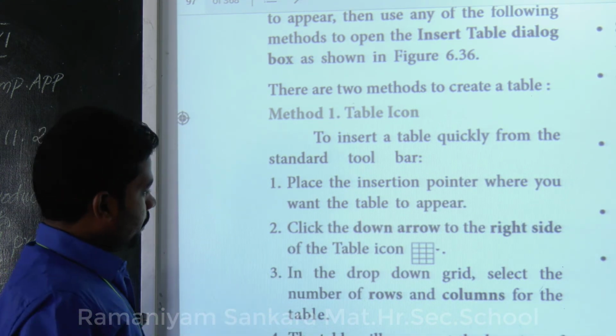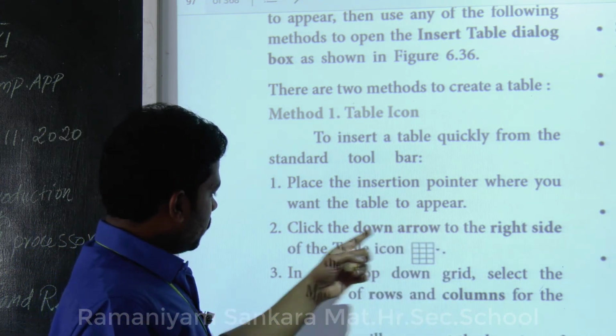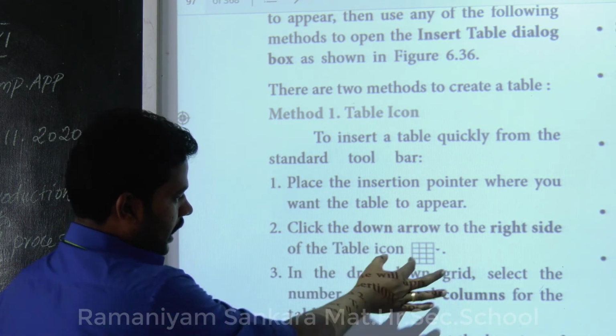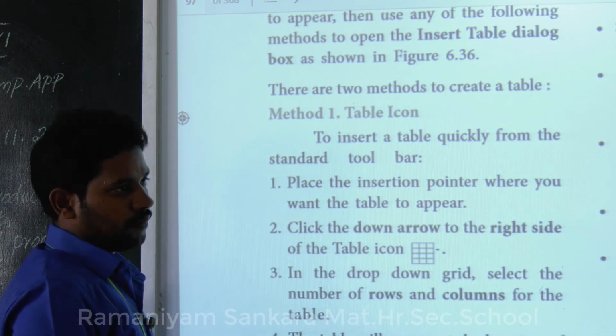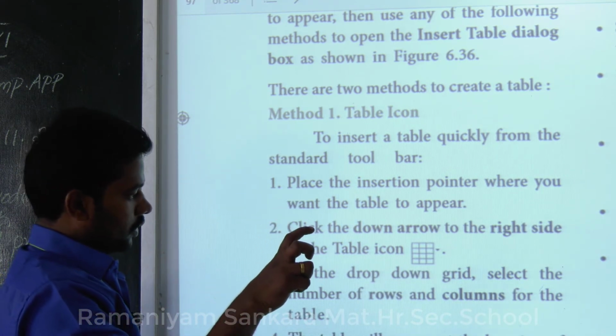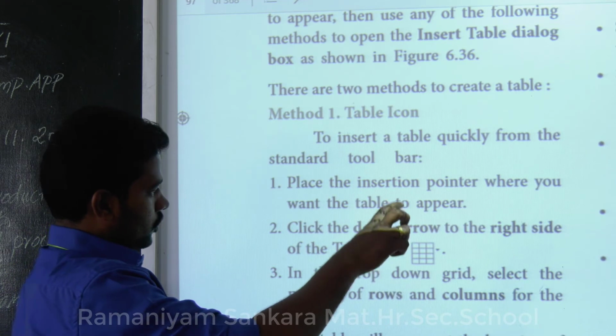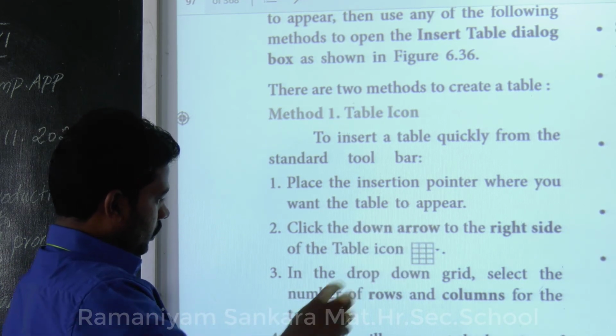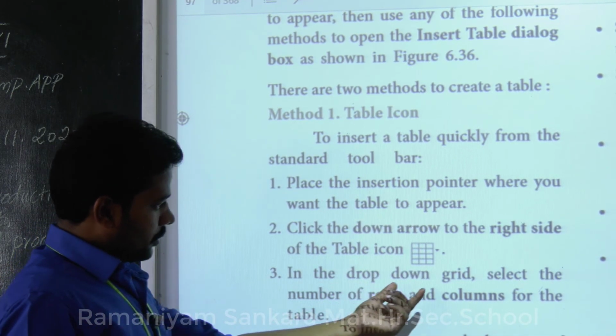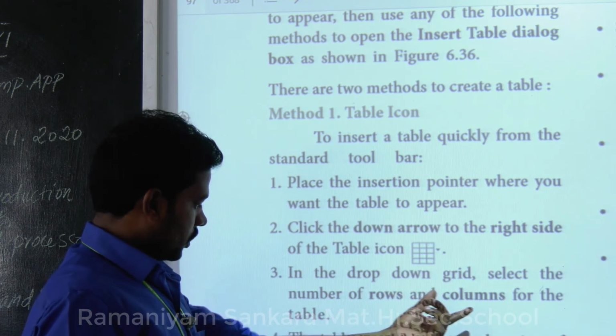The second step, click the down arrow to the right side of the table icon. There will be an icon like this in the standard toolbar. Third step, in the drop down grid, select the number of rows and columns for the table.